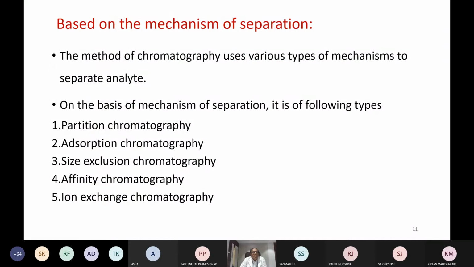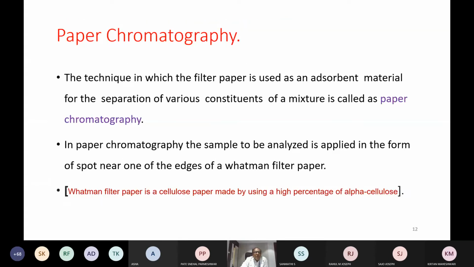For the separation, some mechanisms will be there: partition chromatography, adsorption, size exclusion, affinity, and ion exchange chromatography. These are the further developed technologies that will be applied, but basically it started with paper chromatography.